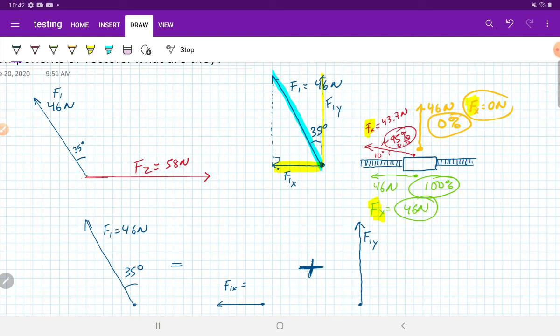And that's where we're going with this. Hopefully this clarifies what the component of a vector is. If you have the full vector, the x component is the portion of that which is acting along the x direction, and the y component is the portion acting in the y direction. If I find the x component and the y component, and I add those vectors, that is the same thing as having the original.